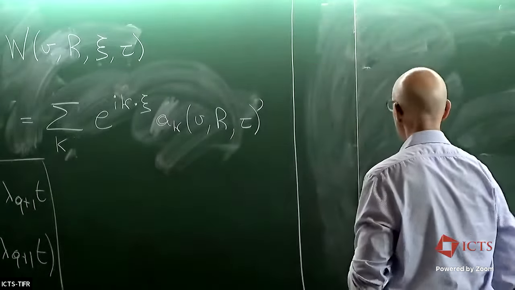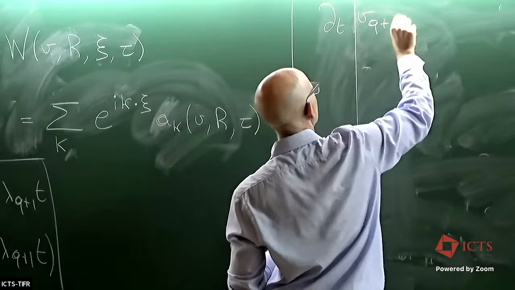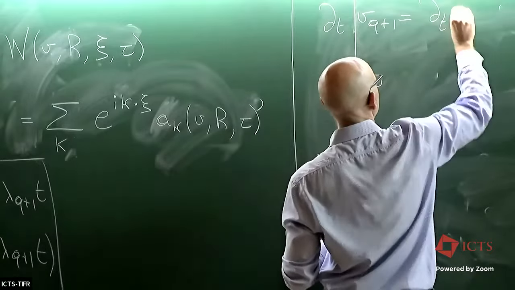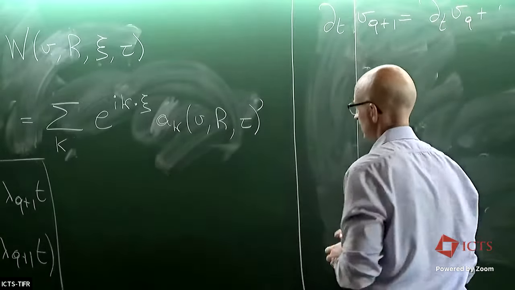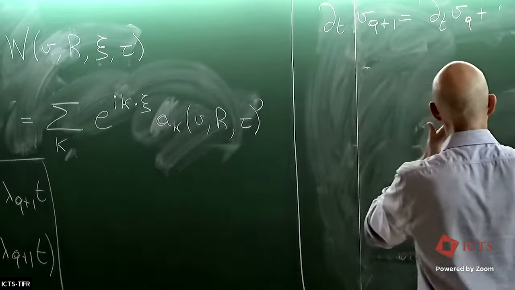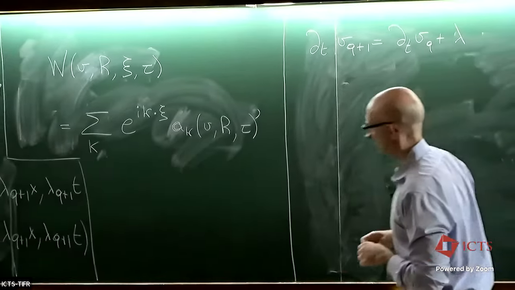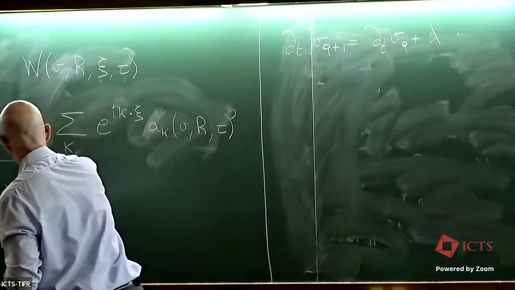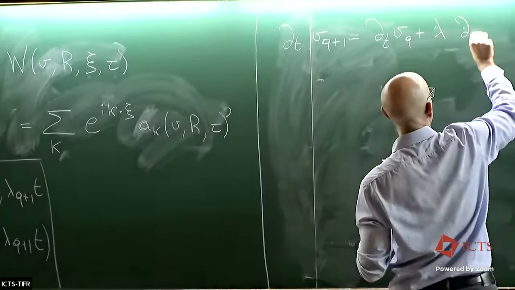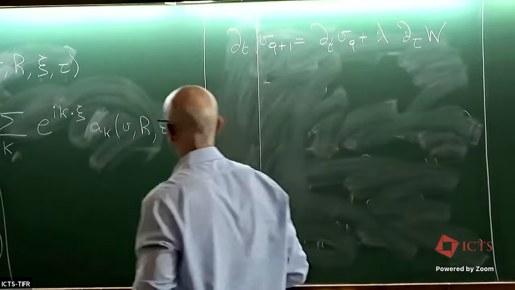Okay, so when I compute dt of VQ plus 1, I get dt of VQ plus a term which has a lambda. I'm not putting the Q plus 1 over here. A term which has a lambda, and then I will have d tau of W. Okay?